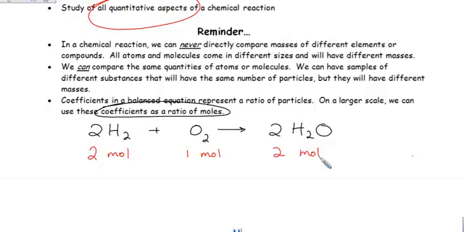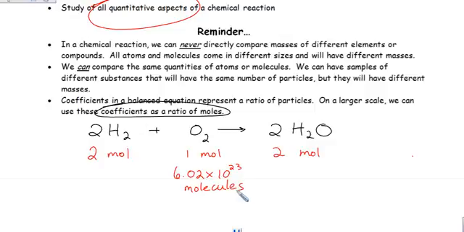Now, I guess that's still a little tricky if you were going to run this in the lab. In the lab, the electronic balances don't measure in moles. So could we use moles to compare a different unit? How about like atoms or molecules, just on a larger scale? If I had 1 mole of oxygen, that would be 6.02 times 10 to the 23rd molecules. 2 moles would be double.